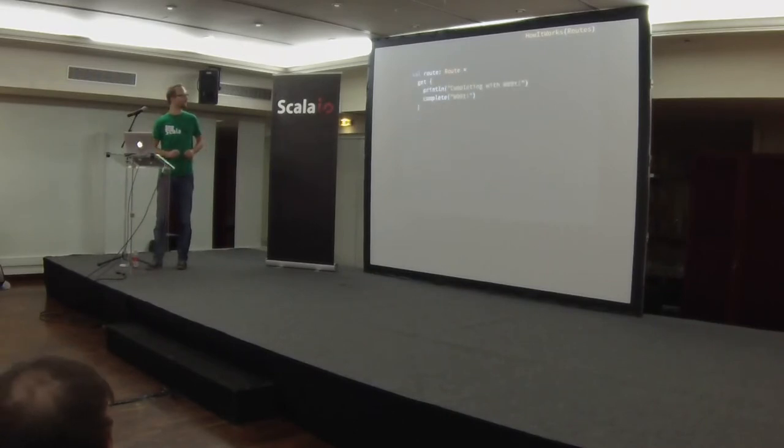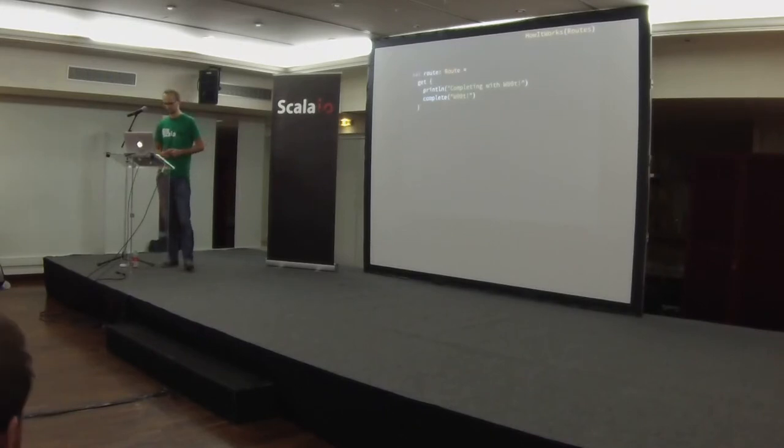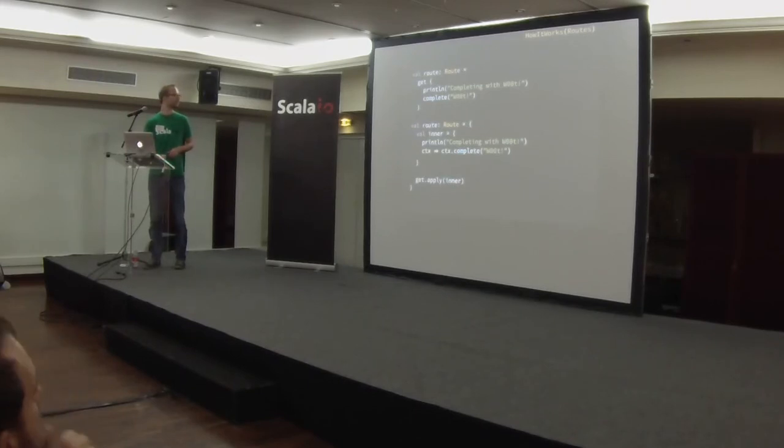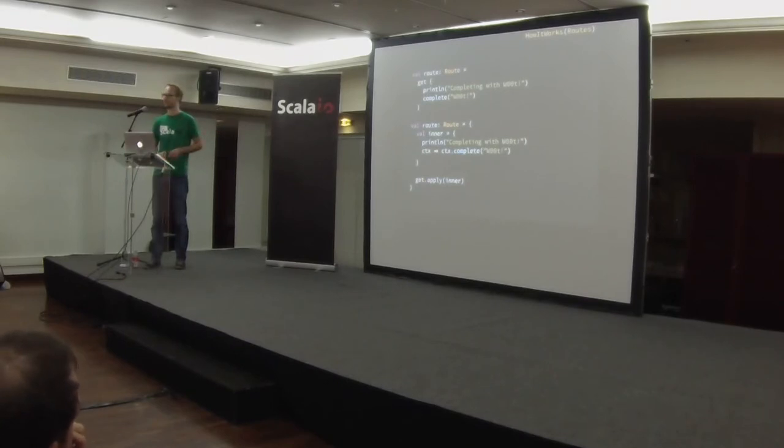But the way this currently works in Spray sometimes produces weird behavior. Luckily, this is solved in Akka-Http, but if you write code like this, where inside a directive body you have some side effect, what actually happens is this. It will produce a val, and the print line will get executed while building the routing structure, not while executing the routing structure, but while building the routing structure.